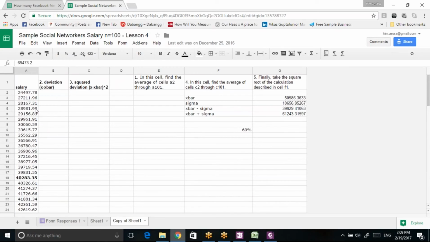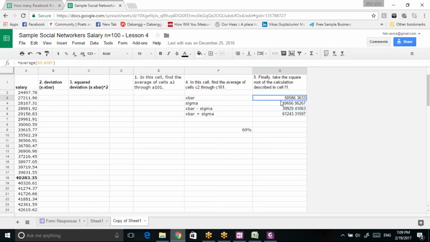Then I found my mean, X bar, that is mu, by the average formula, which came out to be $50,500. Then I calculated my sigma, that is standard deviation, using STDEV.P, which came out to be $10,656.